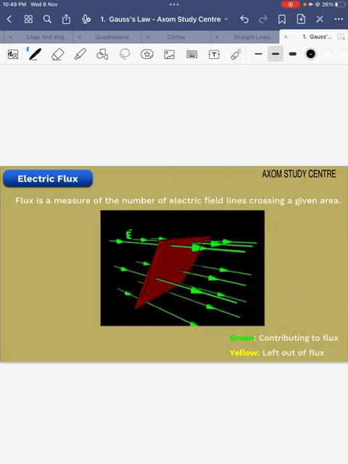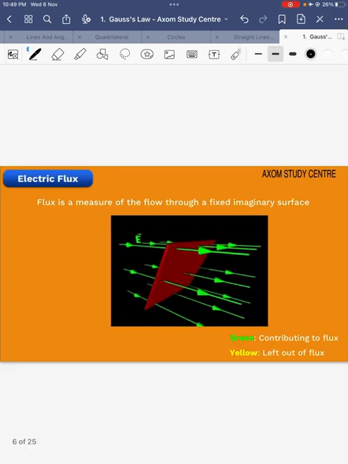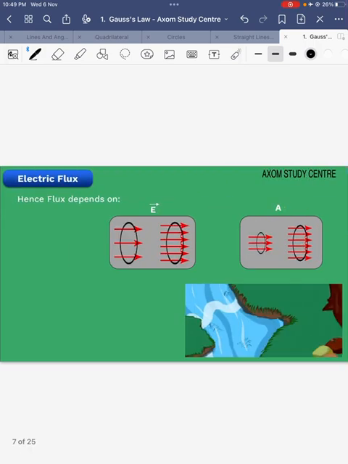So the definition: flux is a measure of the number of electric field lines crossing a given area. These are imaginary field lines. Now the flux depends on area, as I have already mentioned, and also on the magnitude.